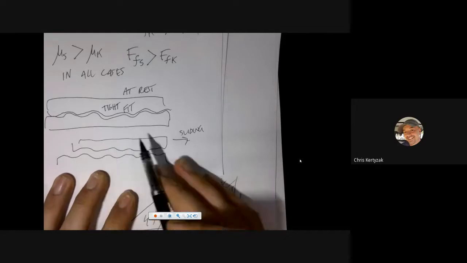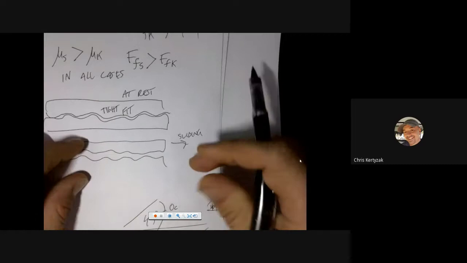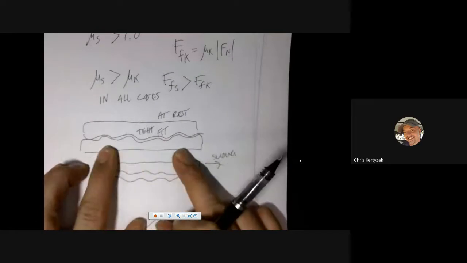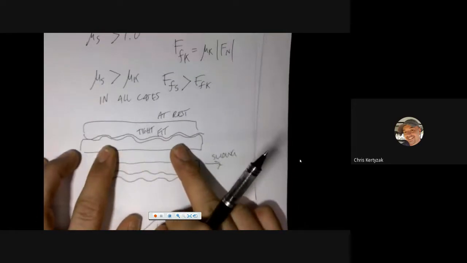It's a bumpity, bumpity, bumpity. It's skipping along like a rock along a pond. Each little bump still slows the object down that's sliding, but it's not as much of an effect as letting it be at rest, letting the full weight of the object press it into the bottom of this thing that's down here, causing that nice tight fit where, wow, now you got a lot more friction to deal with.